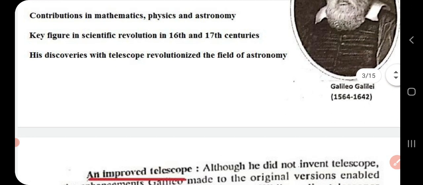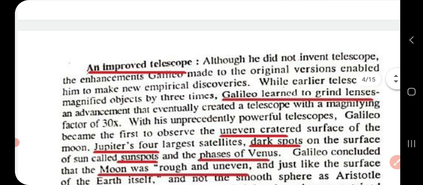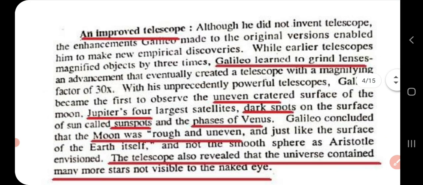Here they have discussed the improved telescope that Galileo contributed. It was not Galileo who invented the telescope. He made some modifications to the existing telescope. That is, he had learned to grind lenses, and he created a telescope with a high magnifying power.